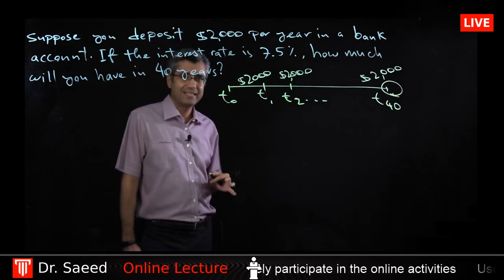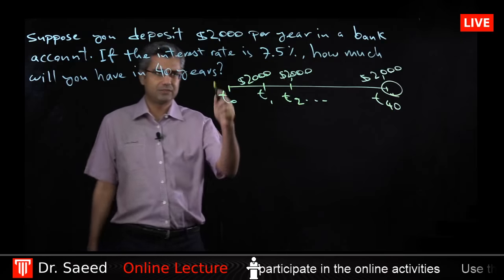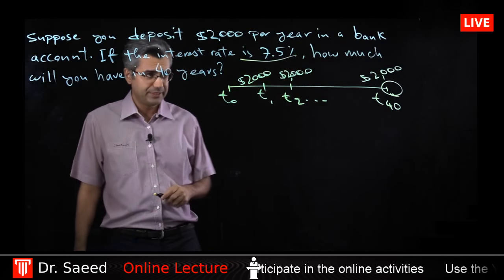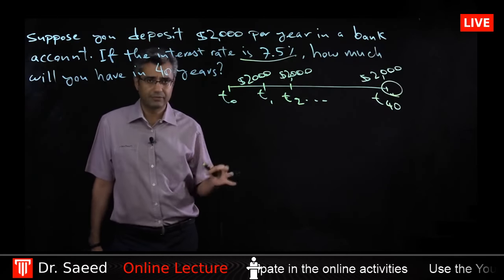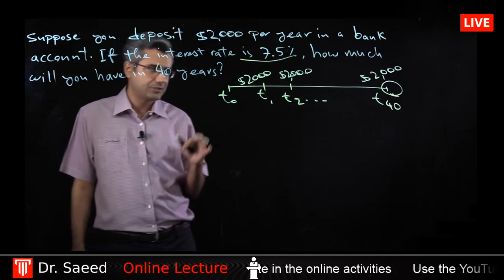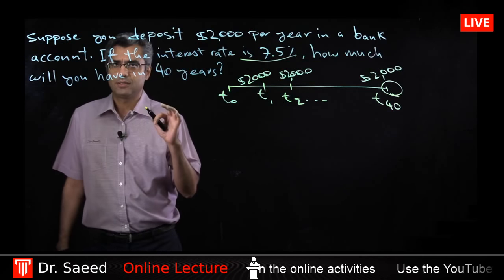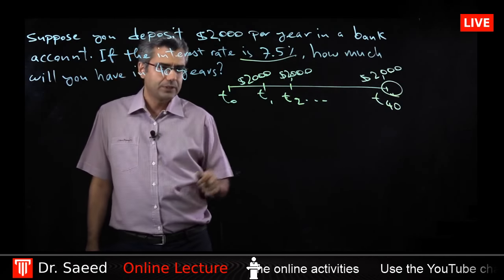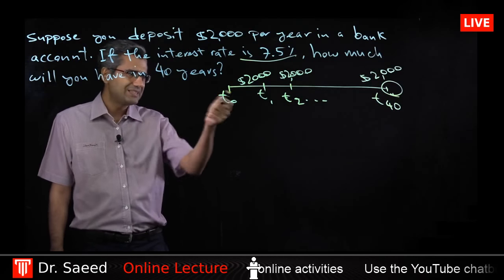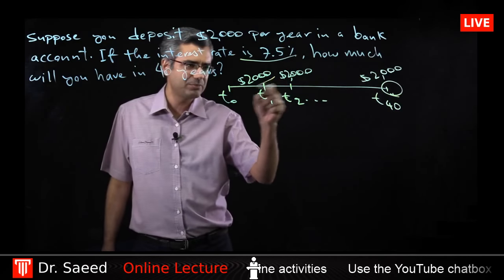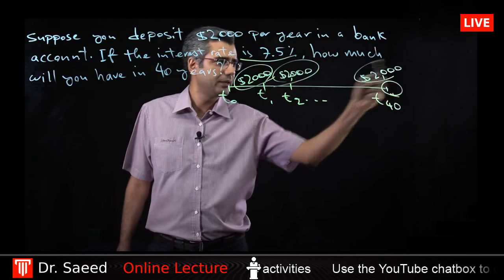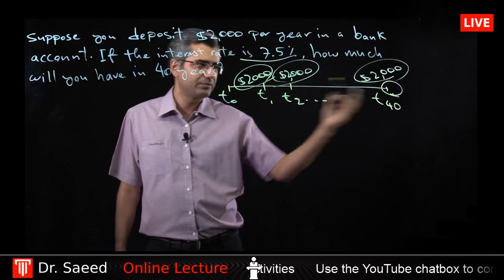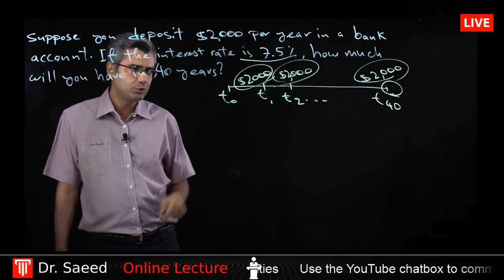First, the period is year because you are investing every year and the interest rate is compounded per year. So we will write the formula based on the assumption that the period is year. Now, what is the formula? This is an annuity case because it's the same cash flow, $2,000, for a limited number of periods, 40 years. So we can use the annuity formula.